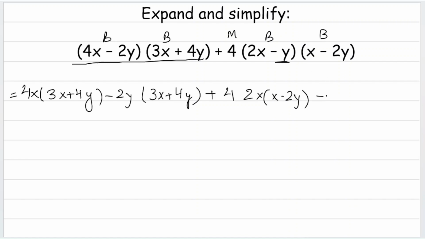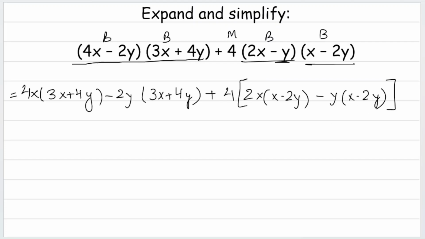Then we will pick this negative y and multiply it with the second bracket, and because we have this 4 which is being multiplied by both the brackets, I am putting this big bracket. Once I solve this big bracket expression, then I'll multiply everything with 4 outside.